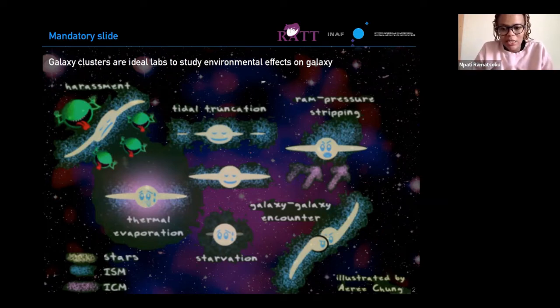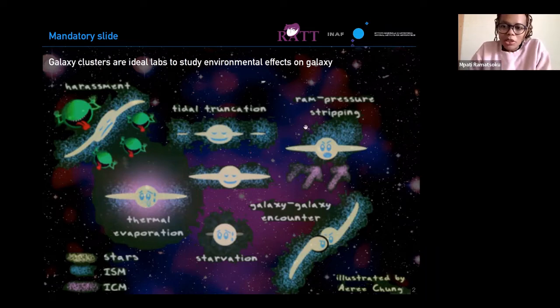And due to this, the galaxy loses its ingredient to form stars and becomes quenched, if you will. You also get things like galaxy-galaxy interaction, where galaxies fly by each other, thus removing or perturbing the stars and the gas.